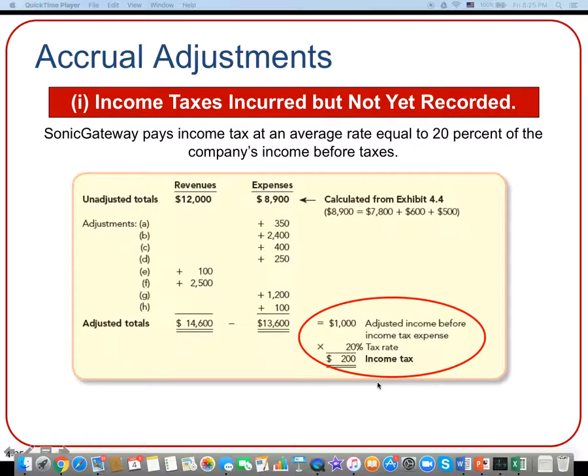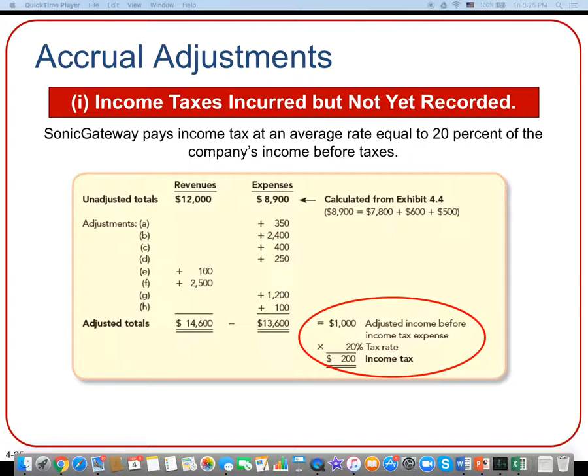Remember, one of the shortcomings of the income statement is that the numbers don't always have to be exact. A lot of the time, because we have to record revenue or recognize expense as they are incurred according to the matching principle, we have to use estimates.